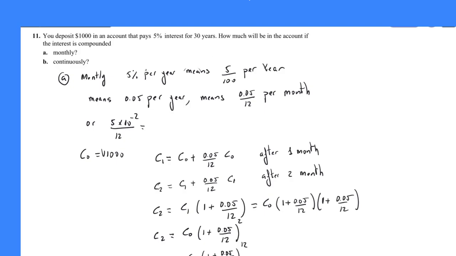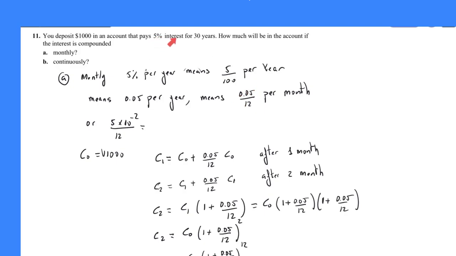So the 5% per year means 0.05 per year. Per month means 0.05 divided by 12, or 5 multiplied by 10 to the minus 2 divided by 12. So this is R divided by N. R divided by N is 0.05 divided by 12.